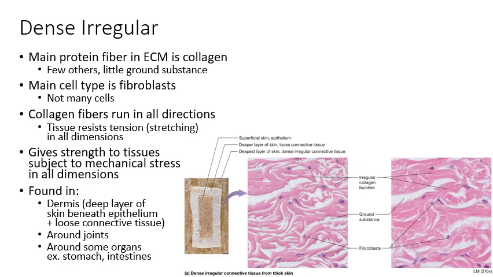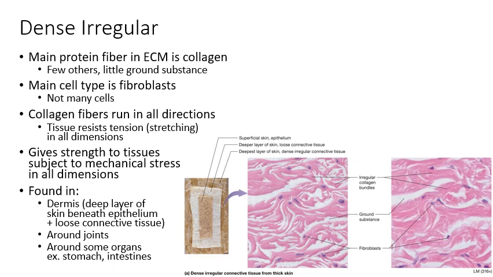So since you know it's made mostly of collagen fibers, you could assume that its role is to provide strength, which is correct. The collagen fibers in dense irregular connective tissue are arranged sort of irregularly, which is where the name comes from. So they run in all directions with no specific organization other than that.